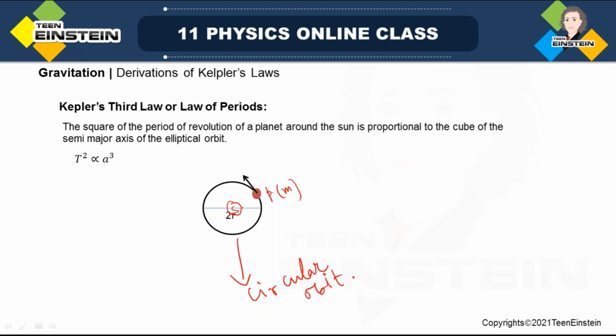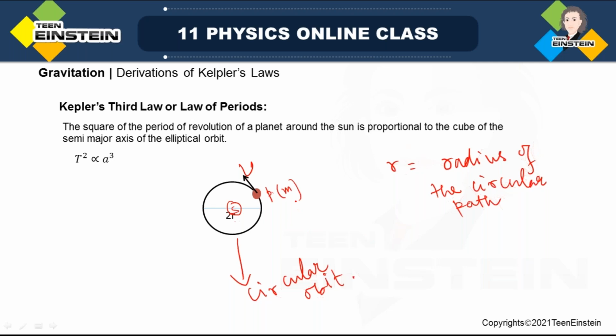In this case, the planet is revolving around the sun in a circular orbit of radius r, and v, small v, is the speed of the planet while revolving around the sun, and that is constant.